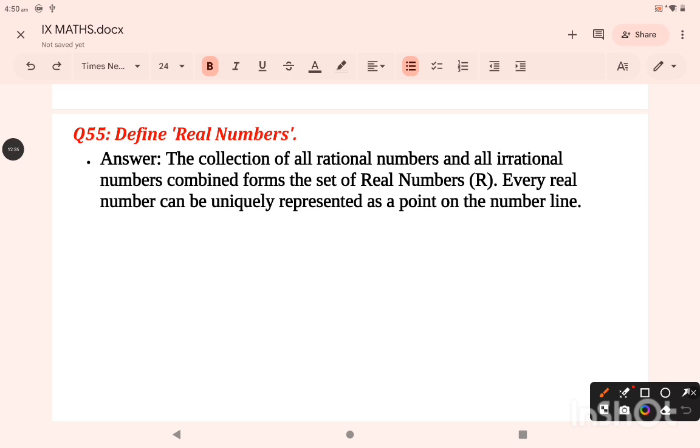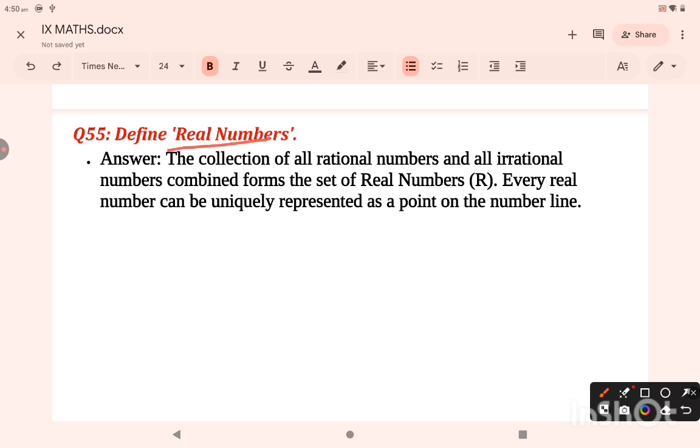Define real numbers. The collection of all rational numbers and all irrational numbers combined forms the set of real numbers. Every real number can be uniquely represented as a point on the number line. The collection of rational numbers and irrational numbers are called real numbers.